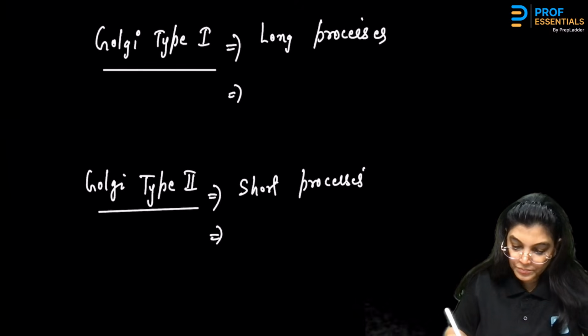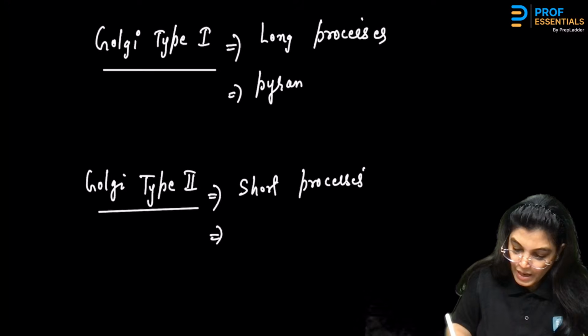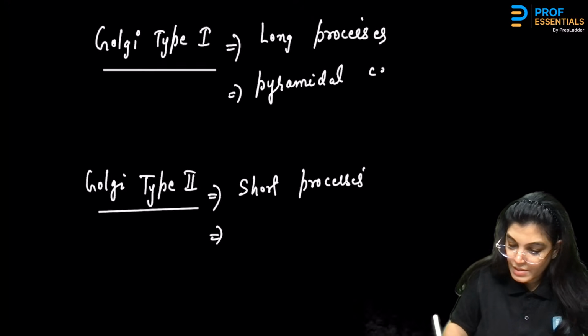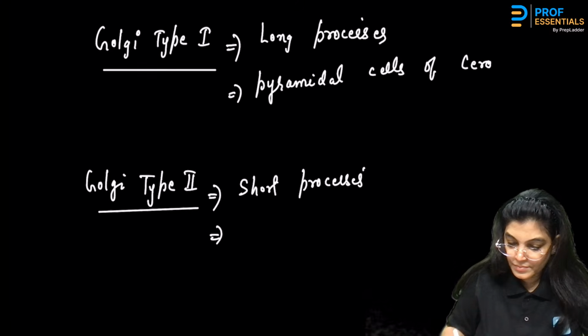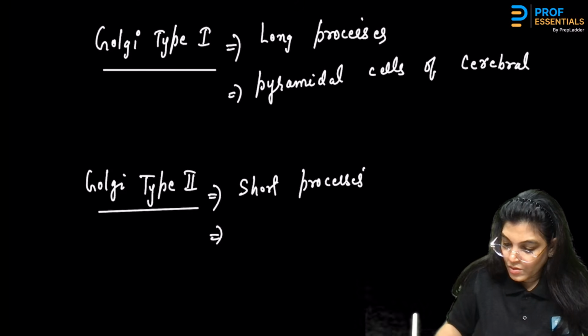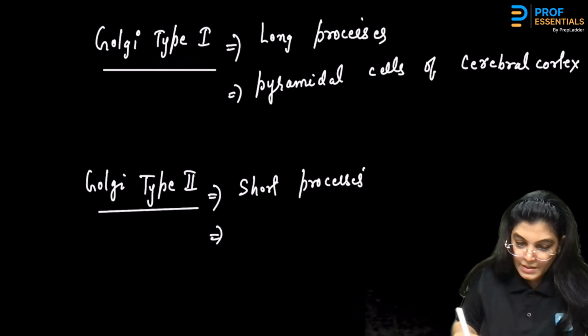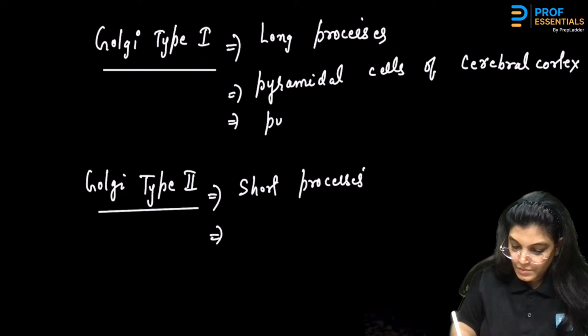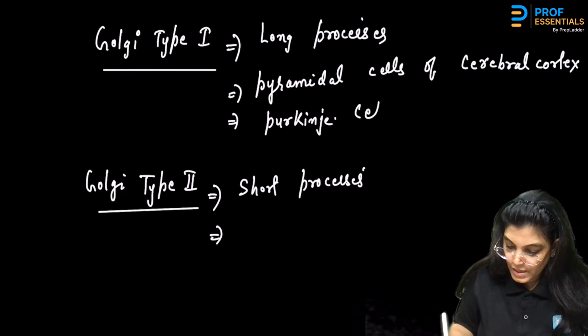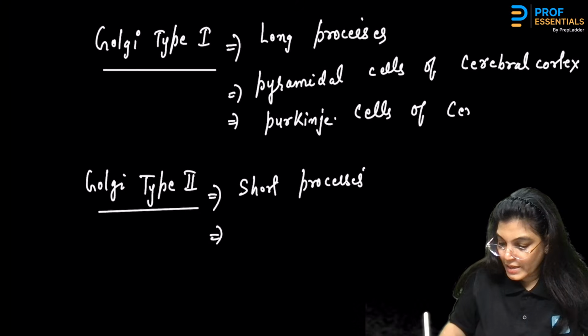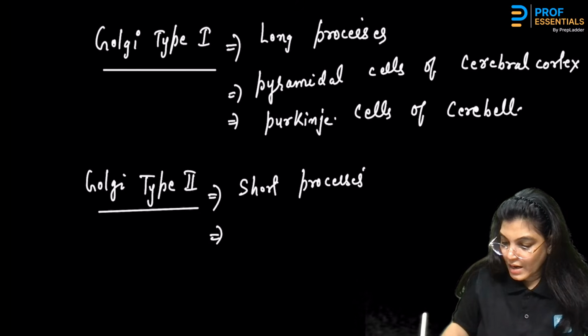So please write down, examples are pyramidal cells of cerebral cortex and Purkinje cells of cerebellar cortex.